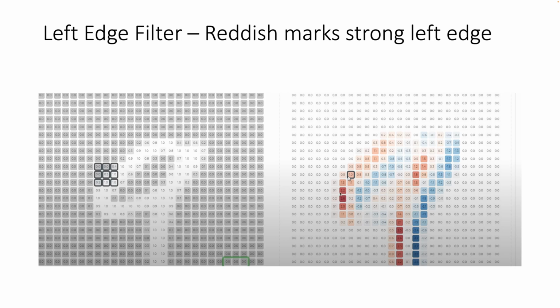So right here we can see a 2.6 and a 2 and a 1.3, and then some over here that are in the 2s, where the right edge would be pretty much the opposite of that, and we can see we have negative values there. So of course the red marks a strong left edge.